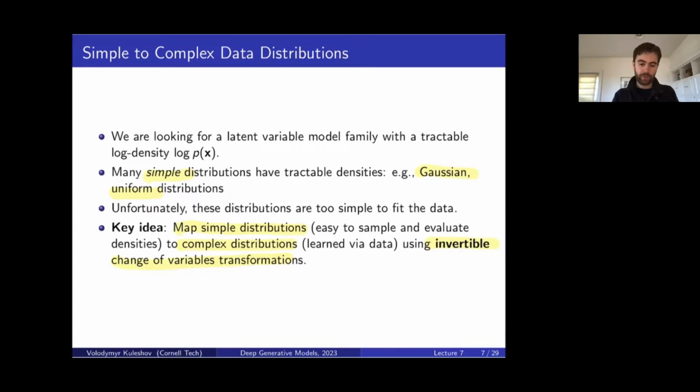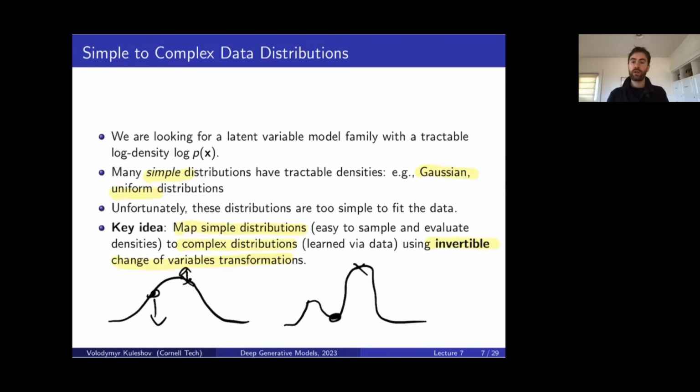So for example, we could start with a simple Gaussian distribution, which looks like this, and then try to push some parts down, some parts up, and make it something like this by pushing these things here, and then this thing might go here. So we can remap these distributions in interesting ways using a particular class of invertible transformations.